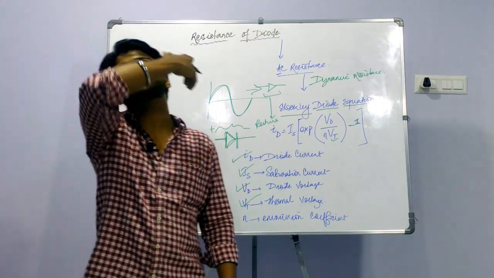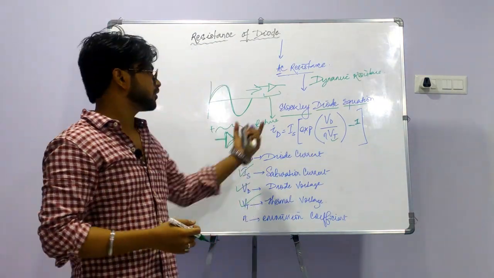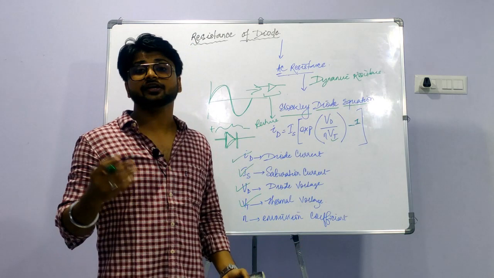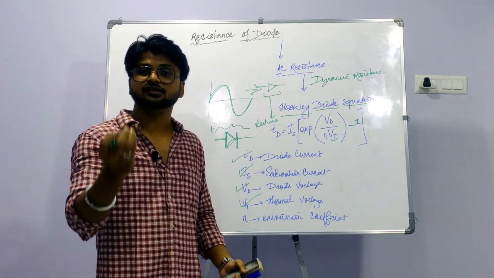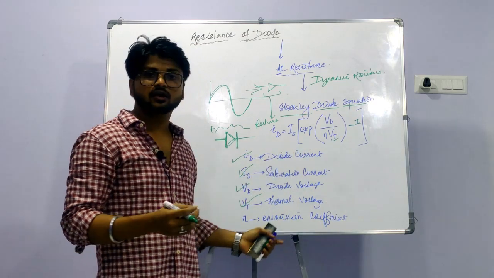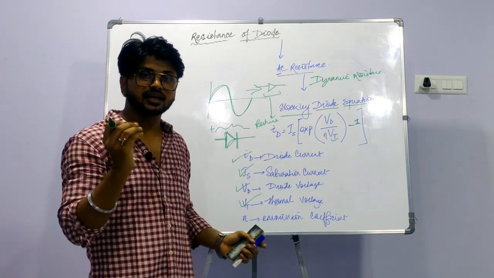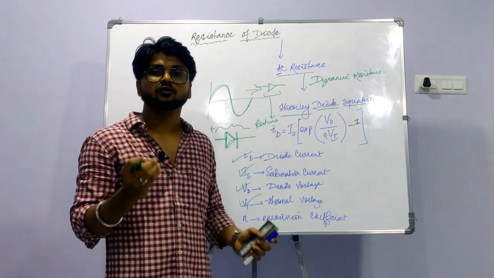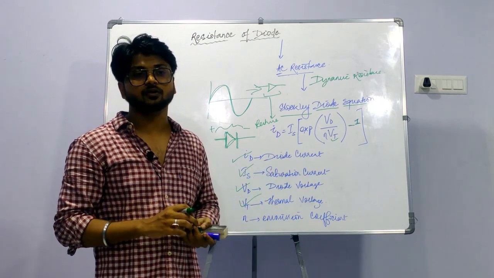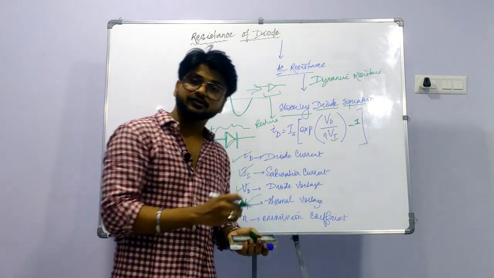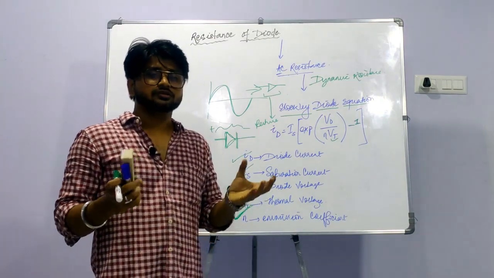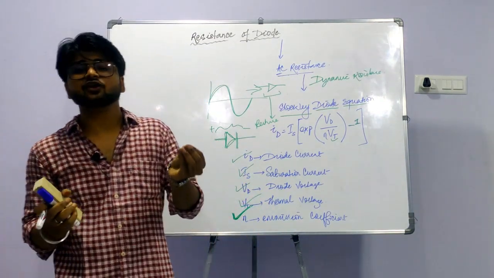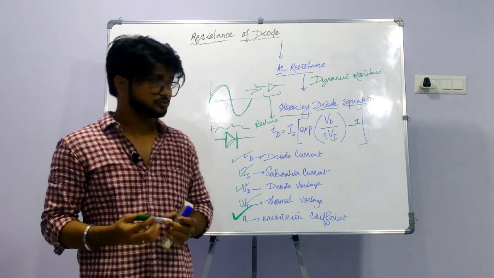The emission coefficient defines the emission at which a normal diode emits heat, or in case of an LED, the light emitting diode, it emits light. It is the ratio which defines the recombination of the holes with the electrons.